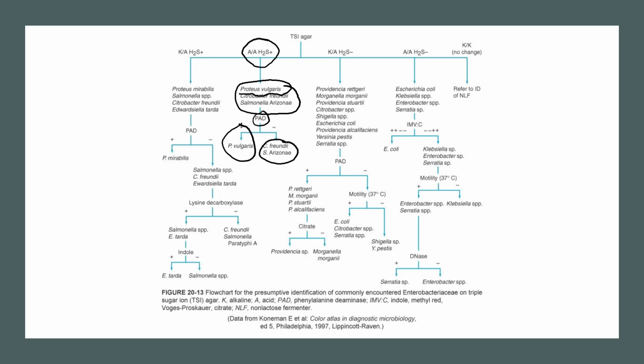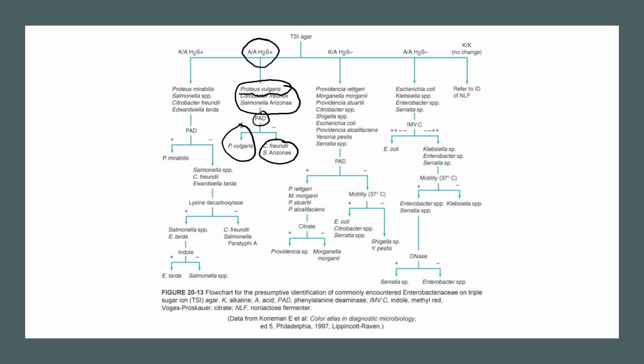One thing I should mention here with Proteus vulgaris in particular is that it will produce clear colonies on MacConkey. That means it does not ferment lactose. But when you put it on TSI, it produces acid over acid. What does that tell you?